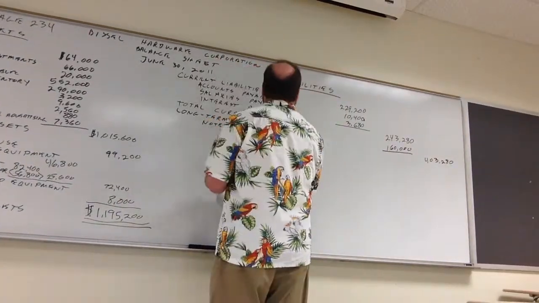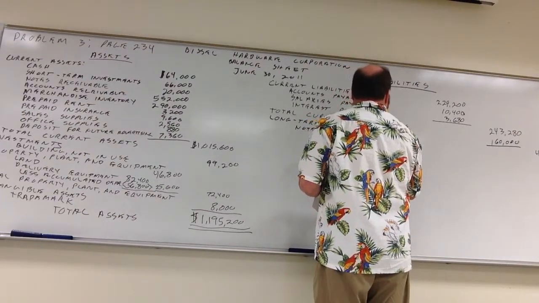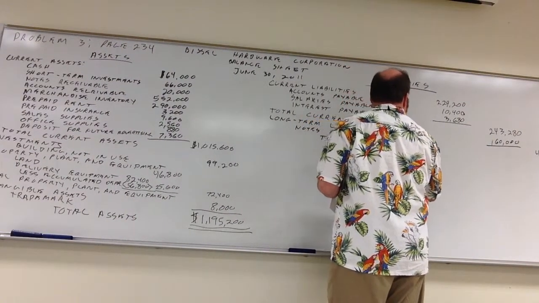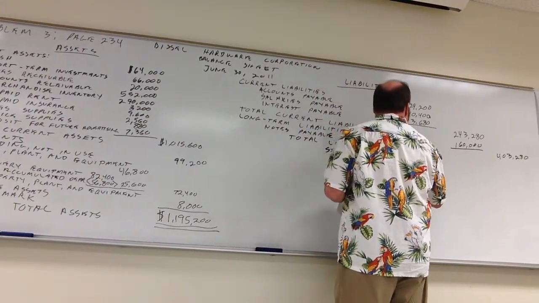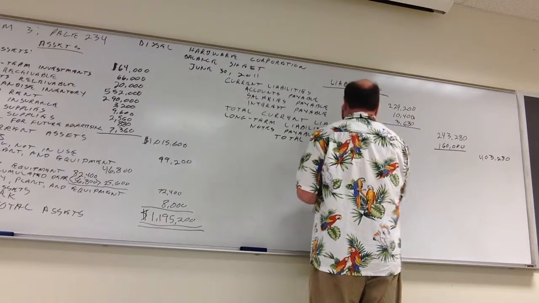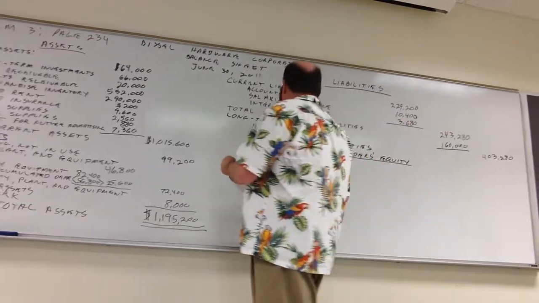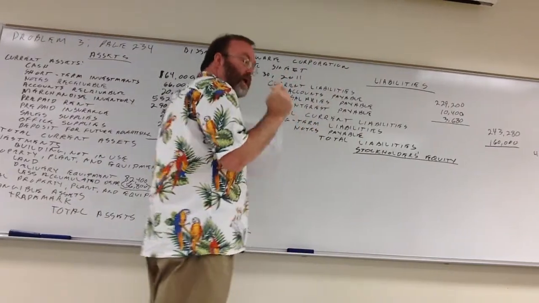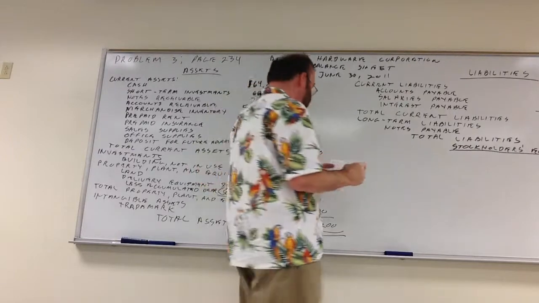Then the last section is stockholders' equity. Stockholders' equity, just like liabilities, has two possible sections.